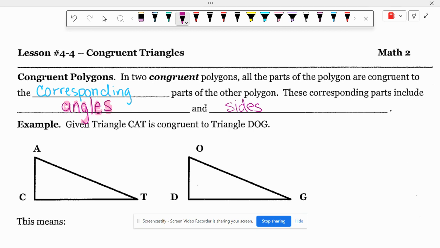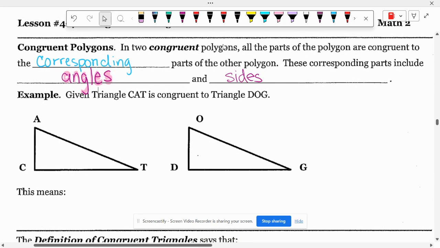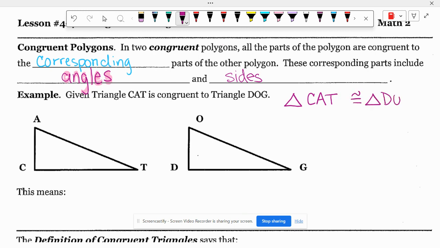So you can actually tell the parts that correspond to each other by the name. You don't even need a picture. So triangle CAT is congruent to triangle DOG. When we think about corresponding parts, it's written in the name.